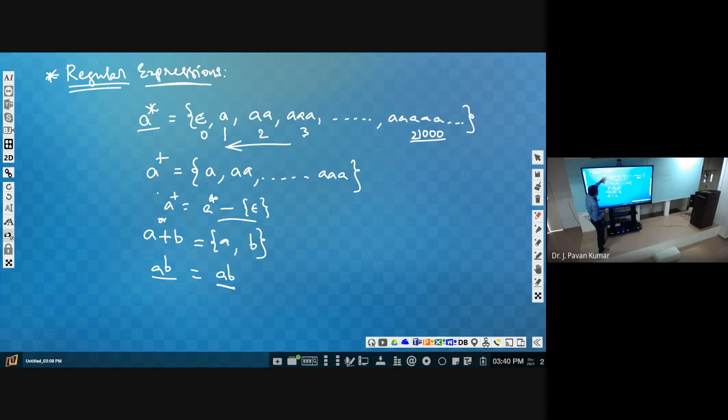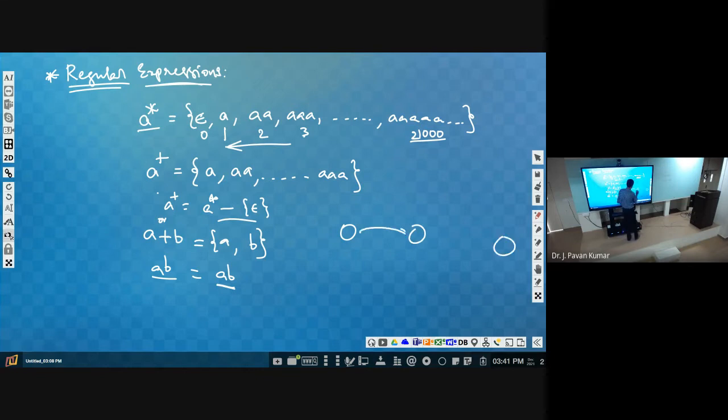Before going to see the remaining things, you need to understand the intuition for regular expressions. A regular expression is nothing but whatever strings a finite automata will accept. Like we have considered several finite automata, right?